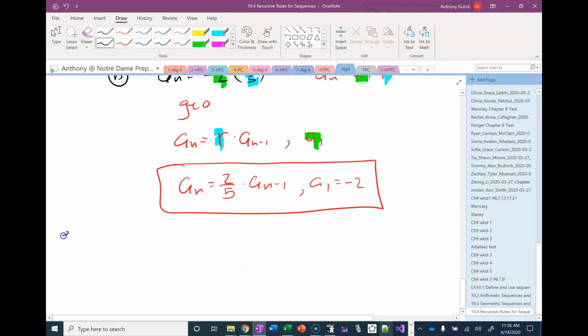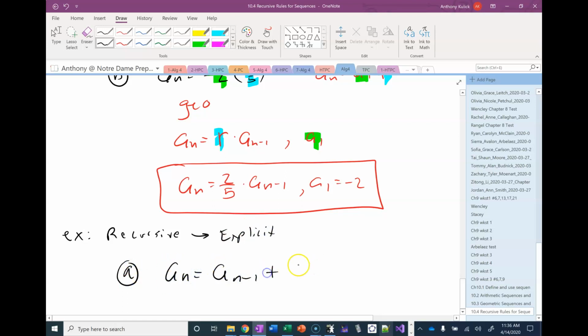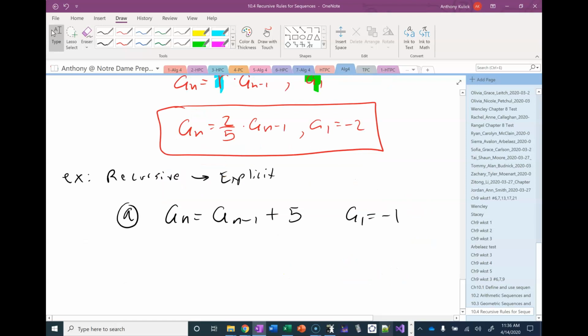How would we go the other way? Let's say we want to go from recursive back to explicit. The first thing I want to do is identify whether this is arithmetic or geometric.